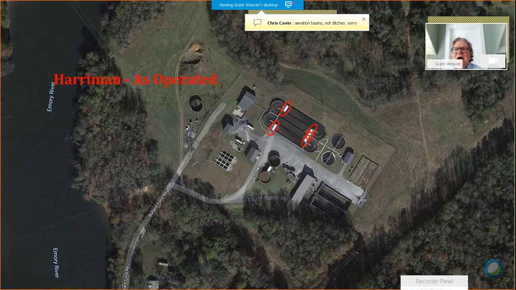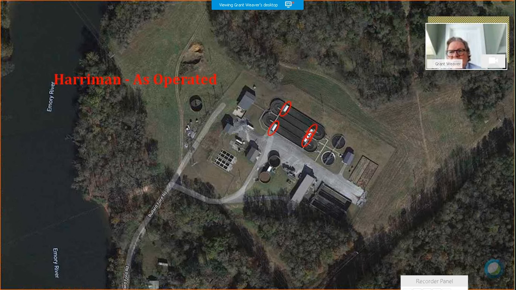I just moved my camera over a little bit because I am seeing questions, but they're showing up right behind my camera. So one of the questions was, can we hope for better phosphorus removal in the future? Yes, I think so.